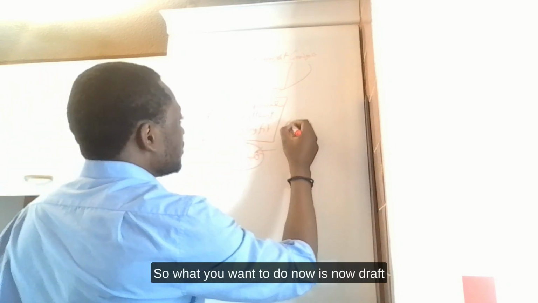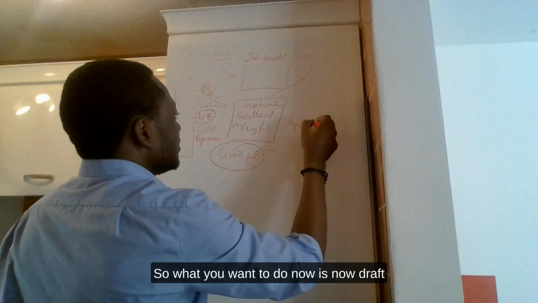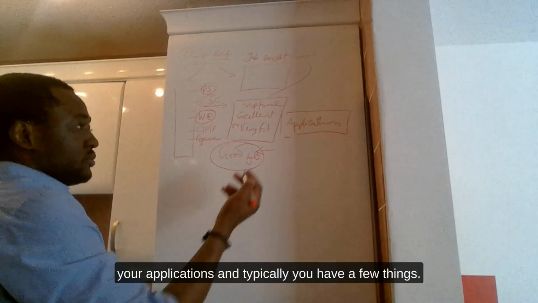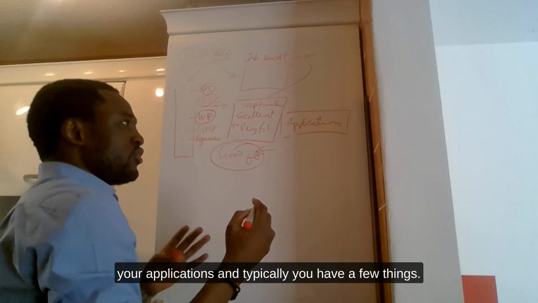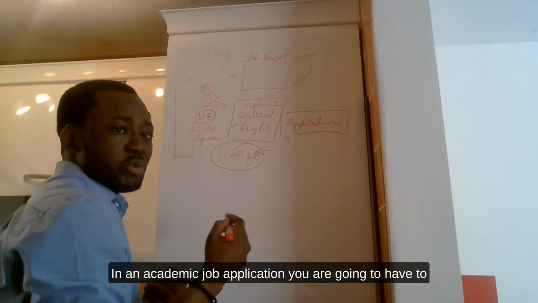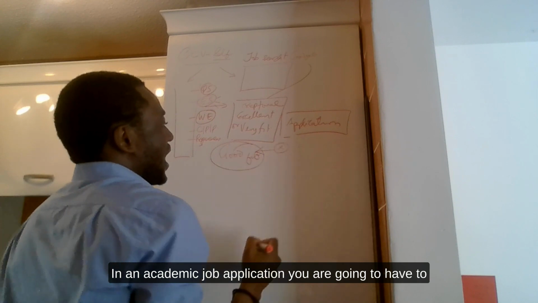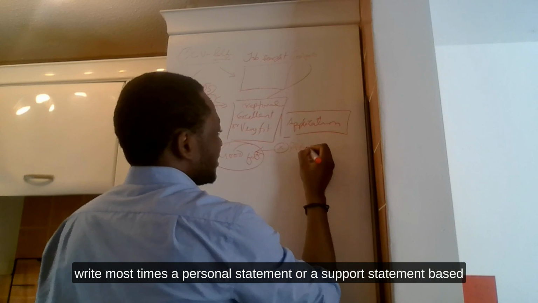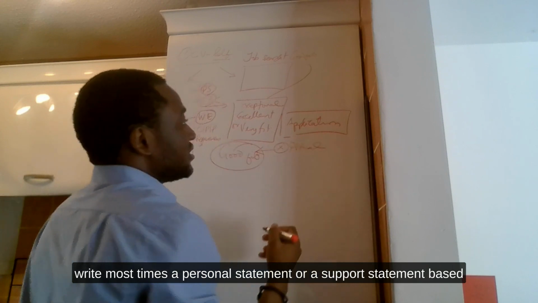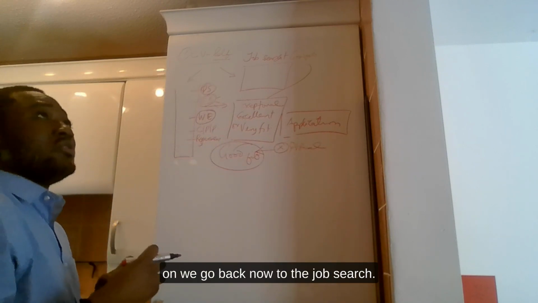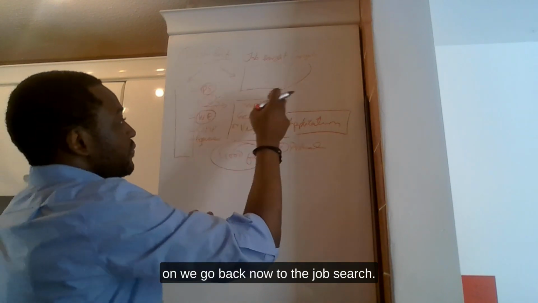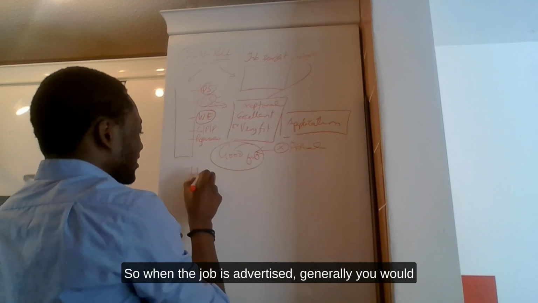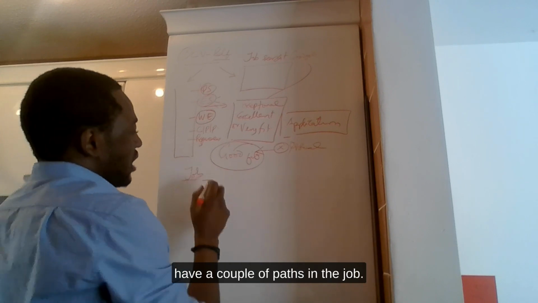Now, with that said, let's assume you've found a couple of roles. So what you want to do now is draft your applications. And typically, you have a few things in an academic job application. You are going to have to write, most times, a personal statement or a support statement based on, we go back now to the job site. So when the job is advertised, generally you would have a couple of parts.